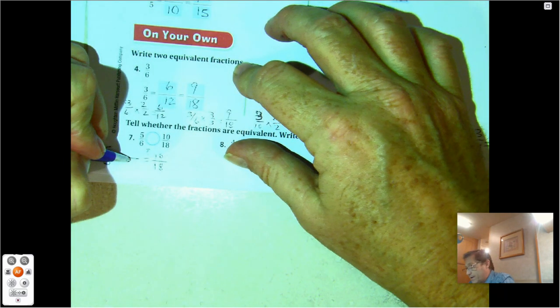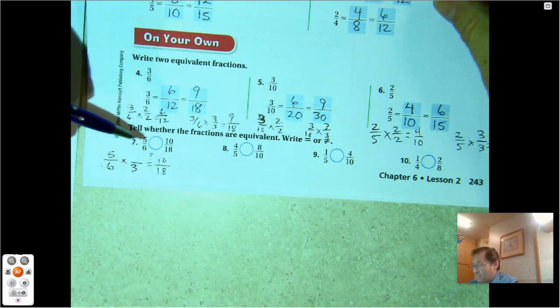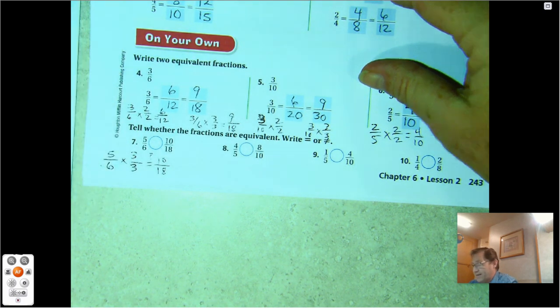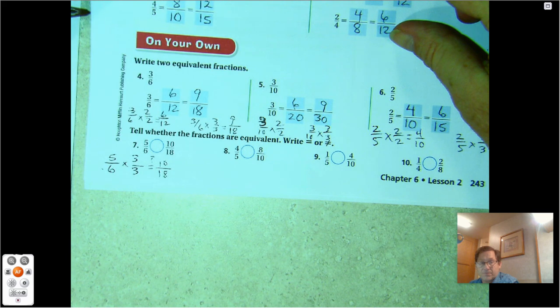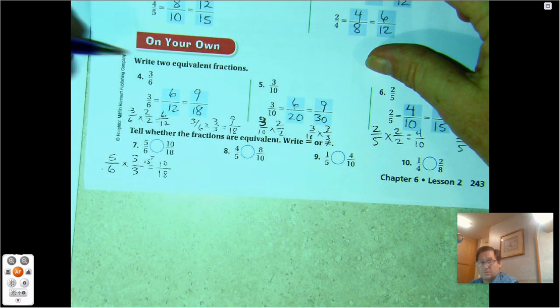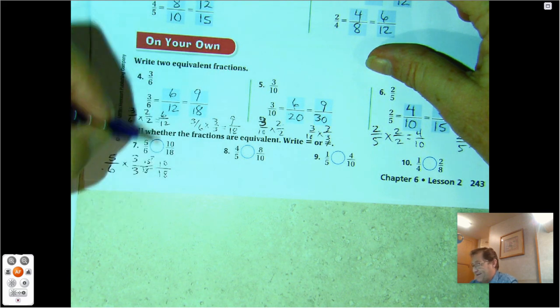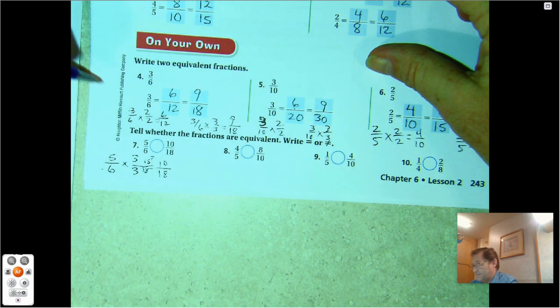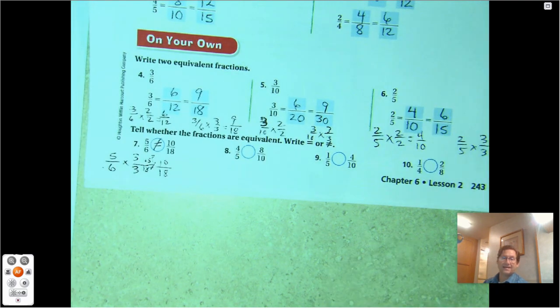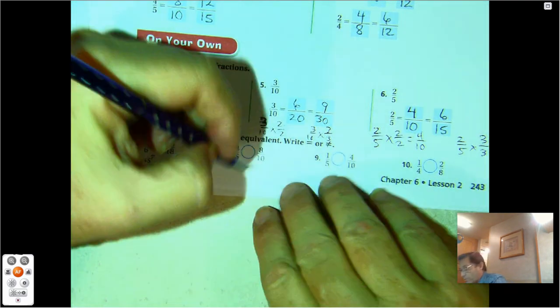I can multiply by 3, right? But I can't multiply the numerator by something different than 3. So I also have to multiply the 5 parts by 3. 5 times 3 is 15. Well, 15/18 is not the same as 10/18. So no, that is not equivalent.